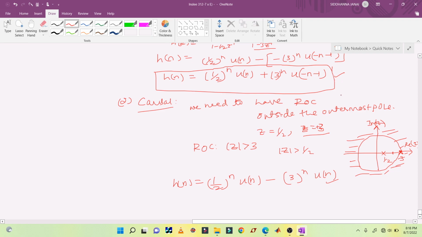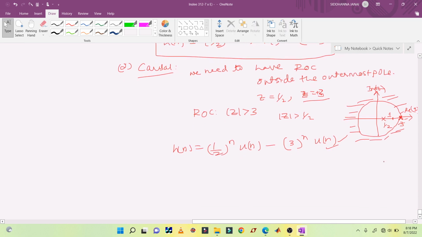Whereas here it is causal but not stable. The ROC will not include 1, that is the unit circle. It is outside 3. So it is not both causal and stable, but it can be stable if we choose certain values for the ROC, and it can be causal for some other values of the ROC. I hope this is clear.